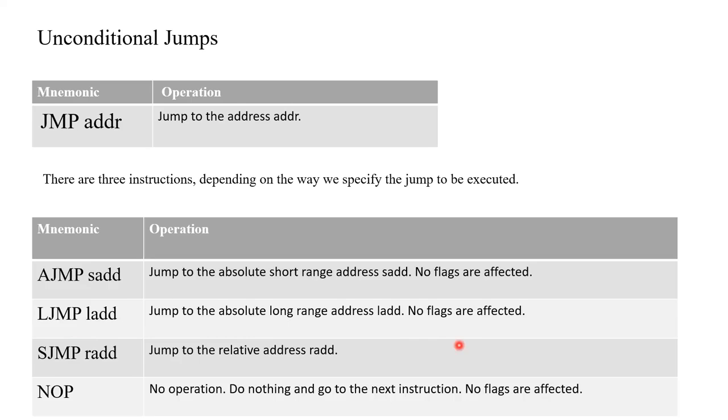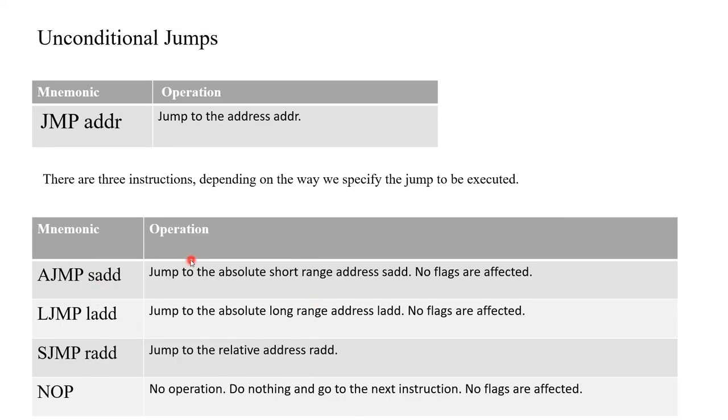Next we have SJMP RADD, jump to the relative address RADD. As I said, since the JMP instructions can have three ranges, the address is a short absolute range, long absolute range, and RADD is the relative address range.